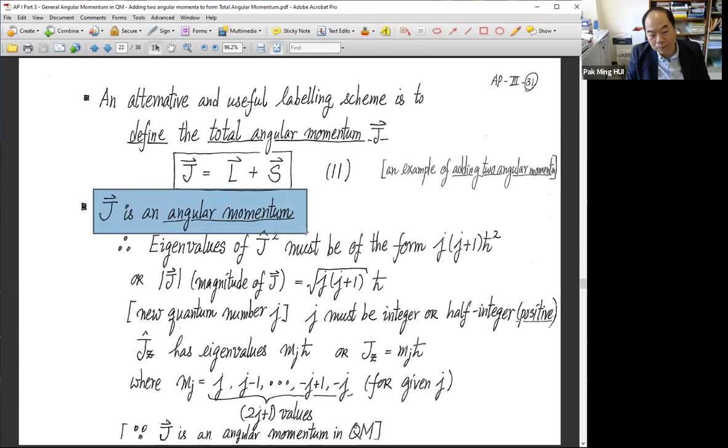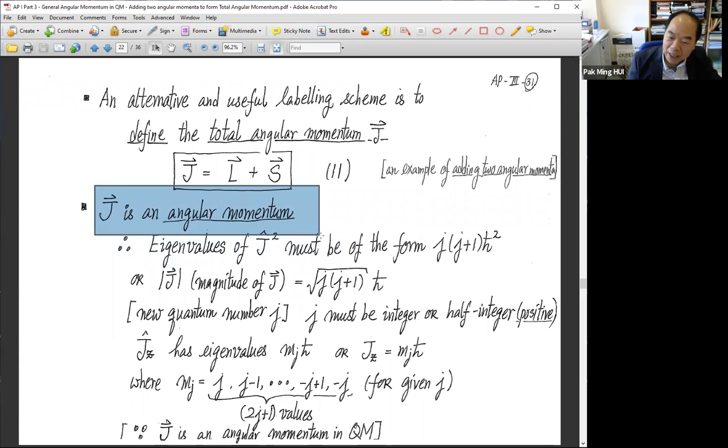Okay. So now, J is an angular momentum. Therefore, suddenly we know a lot of things about J. Meaning, we copy all the results from the last section for the reason and only reason that this is an angular momentum in quantum mechanics.